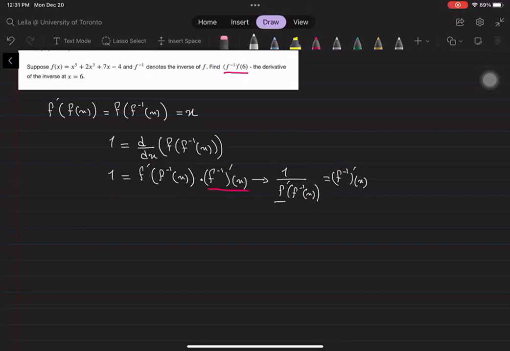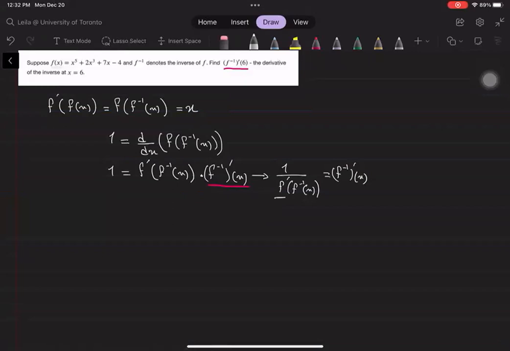You don't really have to go find the inverse and take the derivative of that, because that takes really long.